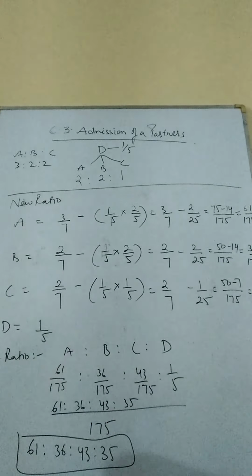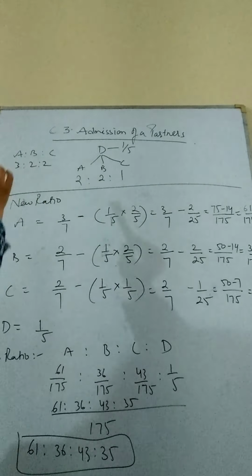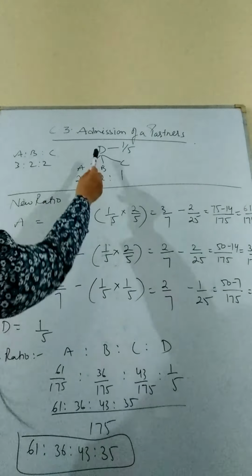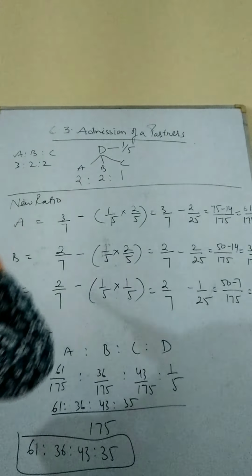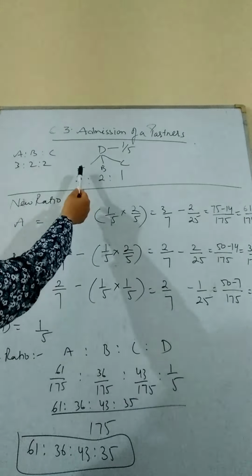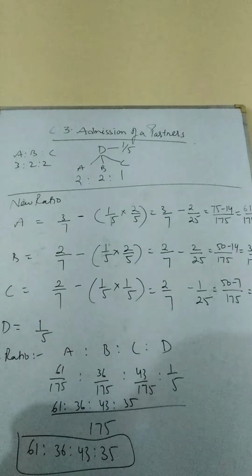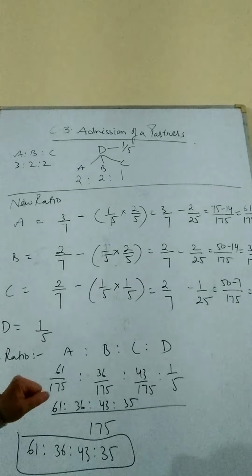Okay, for your convenience, I have noted down the summary of the question over here. A, B, C, the profit sharing ratio was 3:2:2 and D was admitted with 1/5 of share. Now he is acquiring this particular 1/5 share from A, B and C in the ratio 2:2:1. Okay, so how to calculate the new ratio?